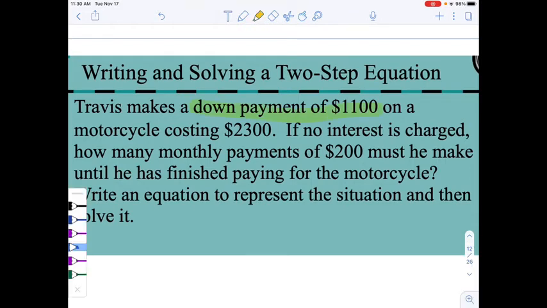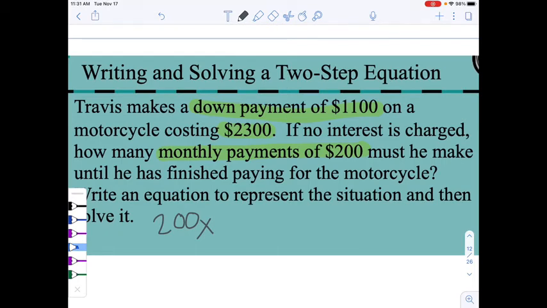So he makes a one-time down payment of $1,100. The total for the motorcycle is $2,300, and he's going to make monthly payments of $200. So $200 per month. So I'm going to start with that. I'm going to write 200 times x.